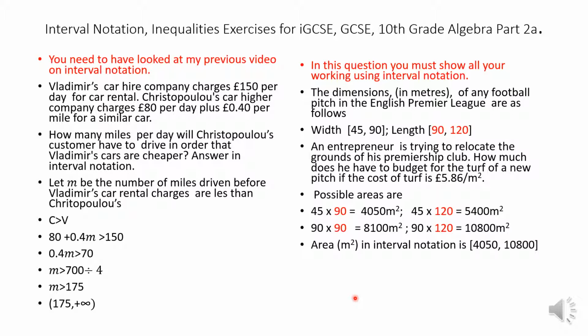So, how much would that cost? If we then multiply 4,050 by 5.86 pounds, we get a figure of 23,733 pounds. Or for the maximum, we do 10,800 times 5.86, and that gives us a figure of 63,288 pounds.